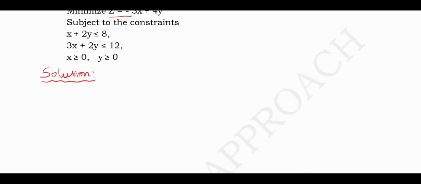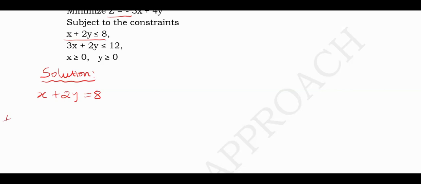In this problem, we have two constraints. From the first constraint x plus 2y less than or equal to 8, we have the equation x plus 2y which is equal to 8.